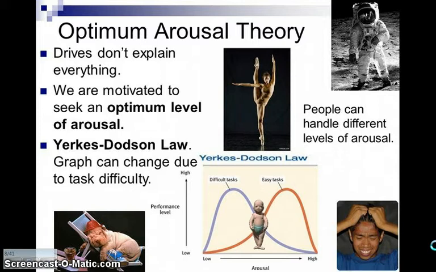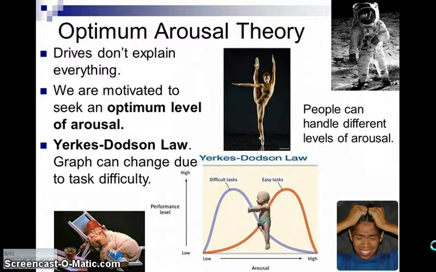So, the optimum arousal theory is a different theory we're going to look at. It's based on what some researchers refer to as the Yerkes-Dodson law. Basically, this says that we're motivated to seek an optimum level of arousal.